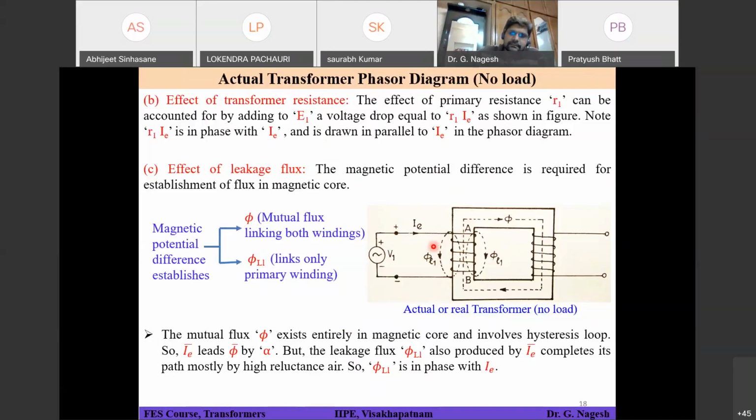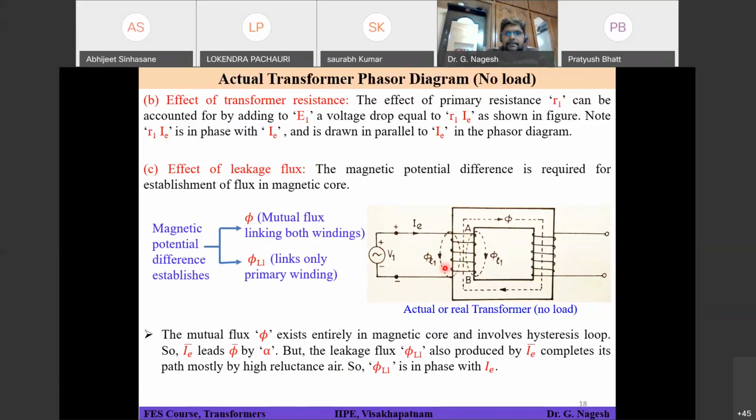So the magnetic circuit for flux phi L2 is mostly the air, and air is somewhat similar to resistance. Just as in an electrical circuit resistance offers unity power factor, similarly air offers very high reluctance to the flow of flux. So that's why flux phi L will be in phase with current I1.